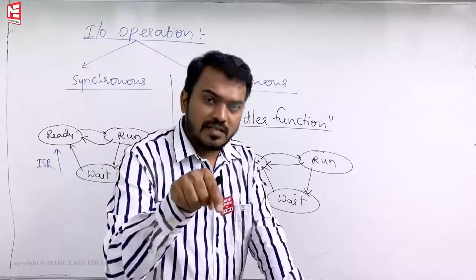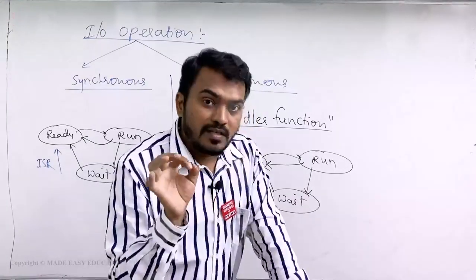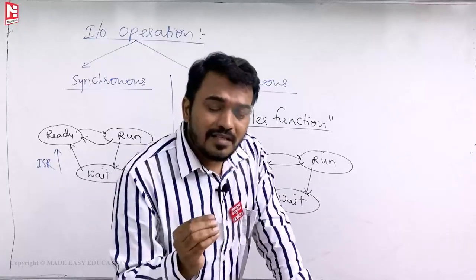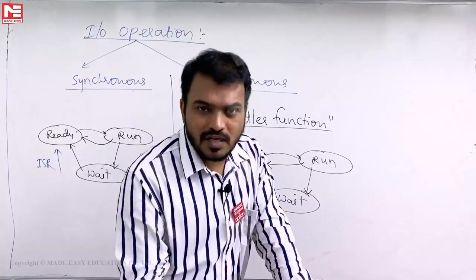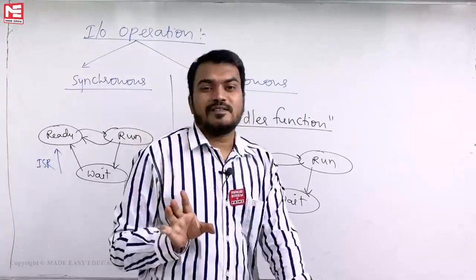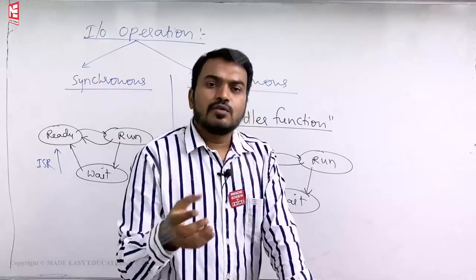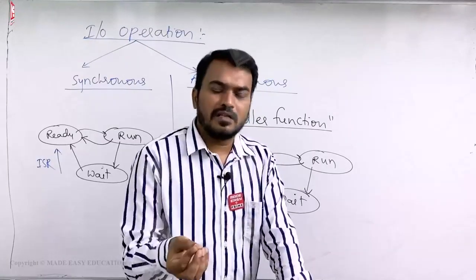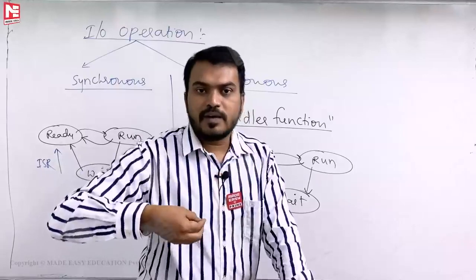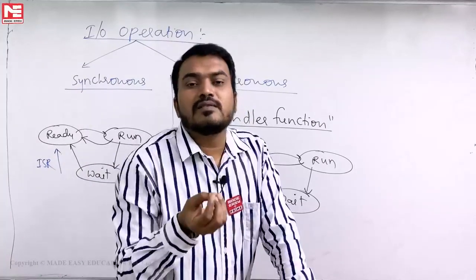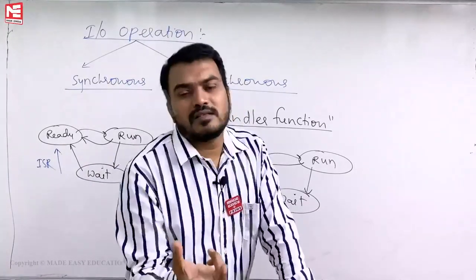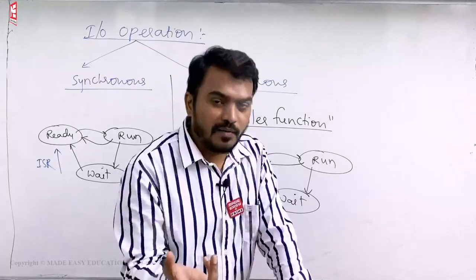So once IO operation is completed, क्या लिखे पढ़ो अच्छे से? Once IO operation is completed, the signal mechanism is used to notify the process. Once IO operation completed, मतलब जो फाइल उसको चाहिए था, एक बार वो main memory में आ गया, the signal mechanism is used to notify the process. नोटिफाई करना मतलब क्या है बताओ? इन्फॉर्म करना.